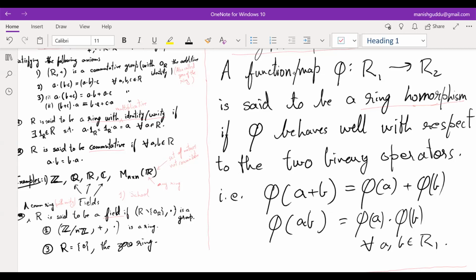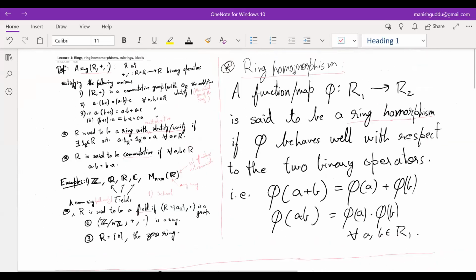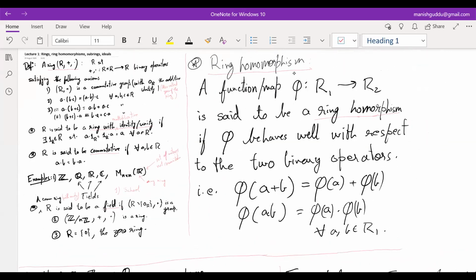Same thing for rings or anything you'll see in future. Which pretty much means that phi of a plus b equals phi of a plus phi of b, and phi of a times b is equal to phi of a times phi of b. That is a ring homomorphism.